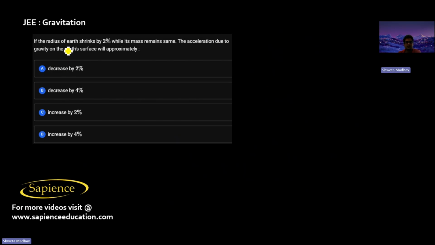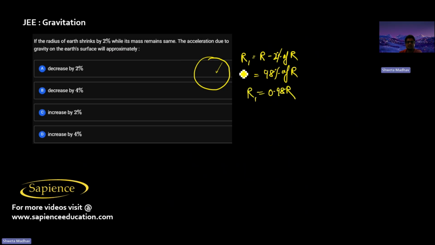And it is told if the radius of Earth shrinks by 2% while its mass remains the same. The radius of the Earth shrinks by 2%. It means the new radius R1 is equal to R minus 2% of R, which means 98% of R. R is the initial radius, and R1 is equal to 0.98 R. The acceleration due to gravity on the Earth's surface will be approximately what?